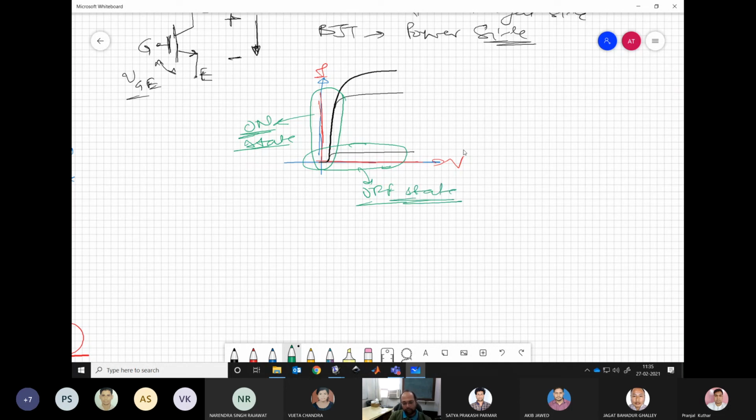So the on and off state equivalent circuits are also very similar. In the off state it is like an open circuit, very much open circuit, and in the on state it is like a voltage drop, which is VCE SAT. For the BJT, VCE SAT is close to 2 volts. Depending on what current is flowing through this, the power loss will be IC into VCE SAT.